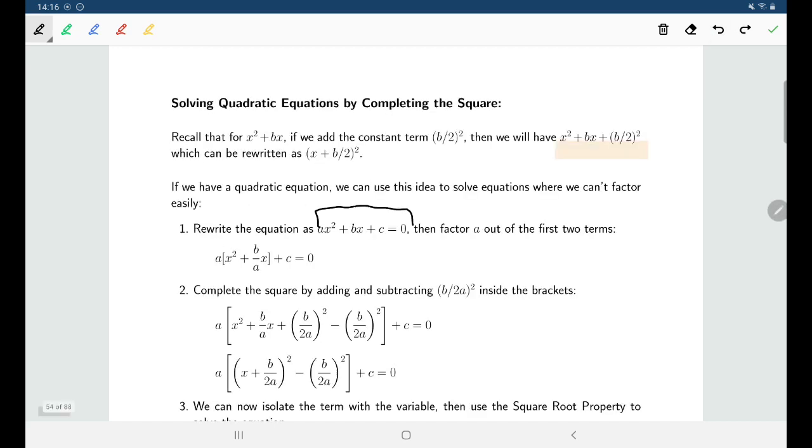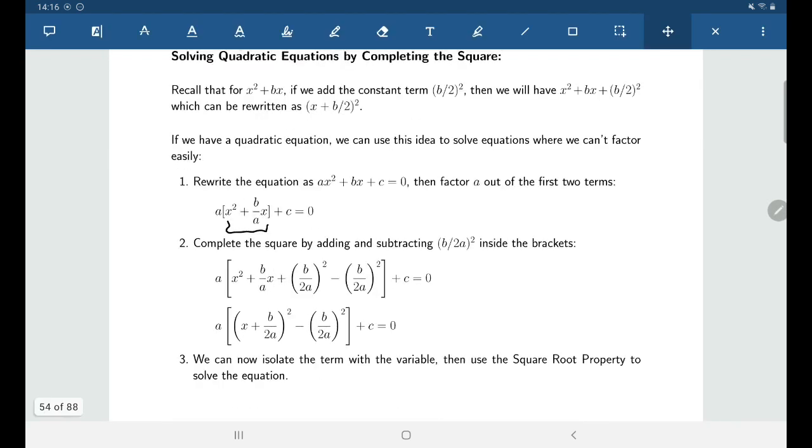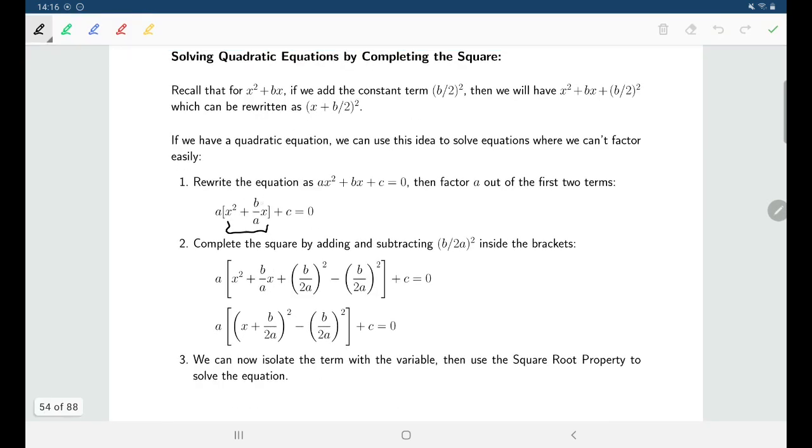So that's the first move that we'll make here, which is out of the x terms, we'll factor out the a so that we've just got the x squared term and then the x term. And so what we do next, we complete that square, and we complete the square by taking the coefficient of x, which is b over a, cutting it in half to give you b over 2a, and then squaring it.